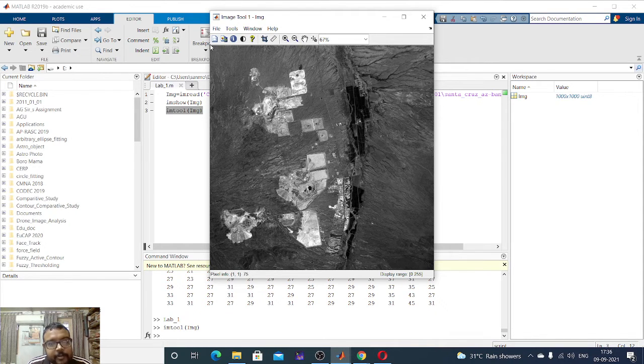And what is its intensity? It is showing 75. Right. So here you can get every piece of information of the image.